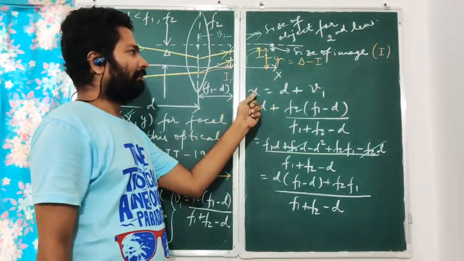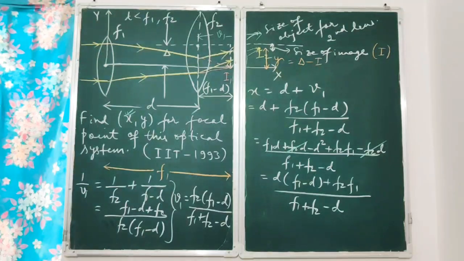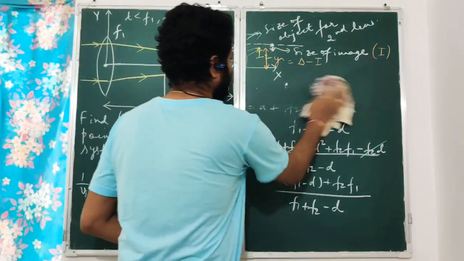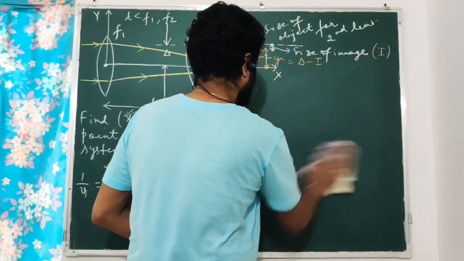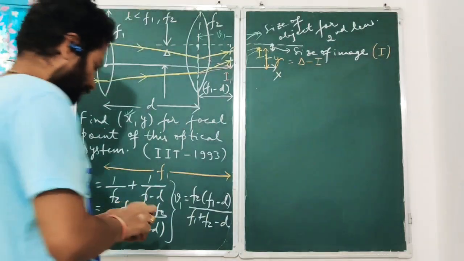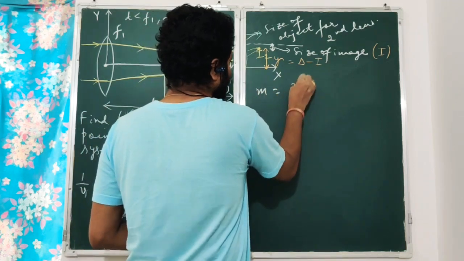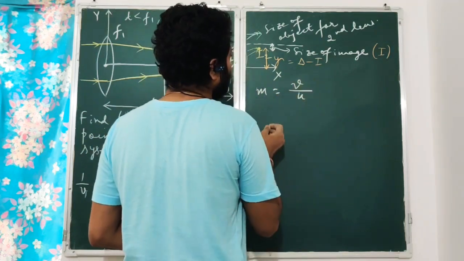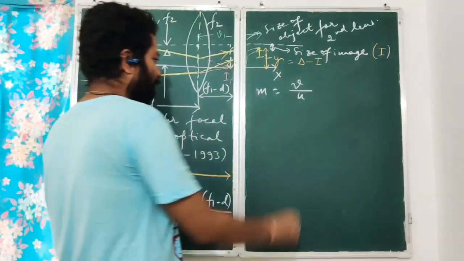I am erasing this part. So what is magnification? You can write it as V by U. This is the magnification in case of a lens. So we'll substitute the value here.